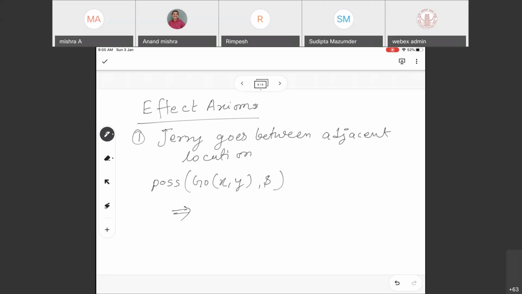This means that if Jerry is at position X and I apply go X, Y, Jerry will reach Y. So Jerry is at Y location, and this is the result of it. It is slightly complicated, but once you practice, it's not that hard.